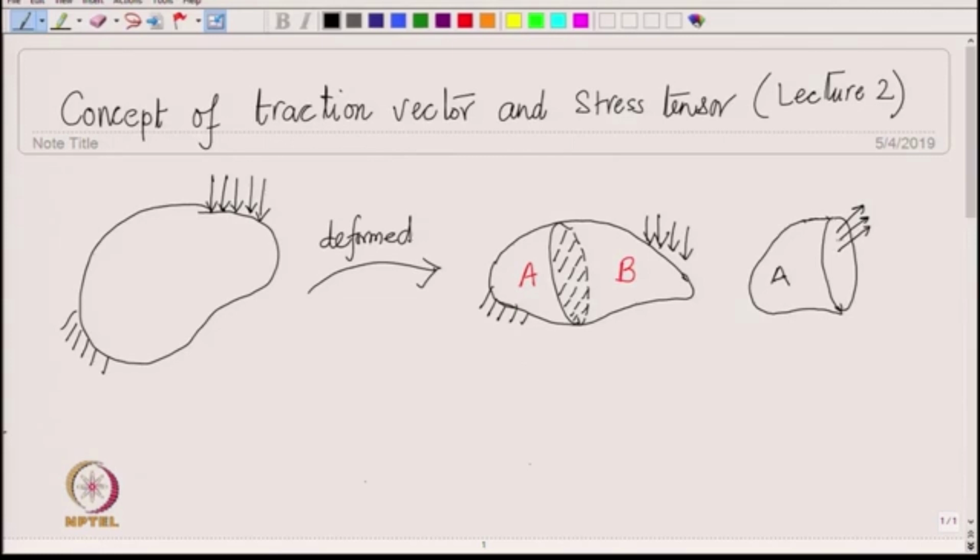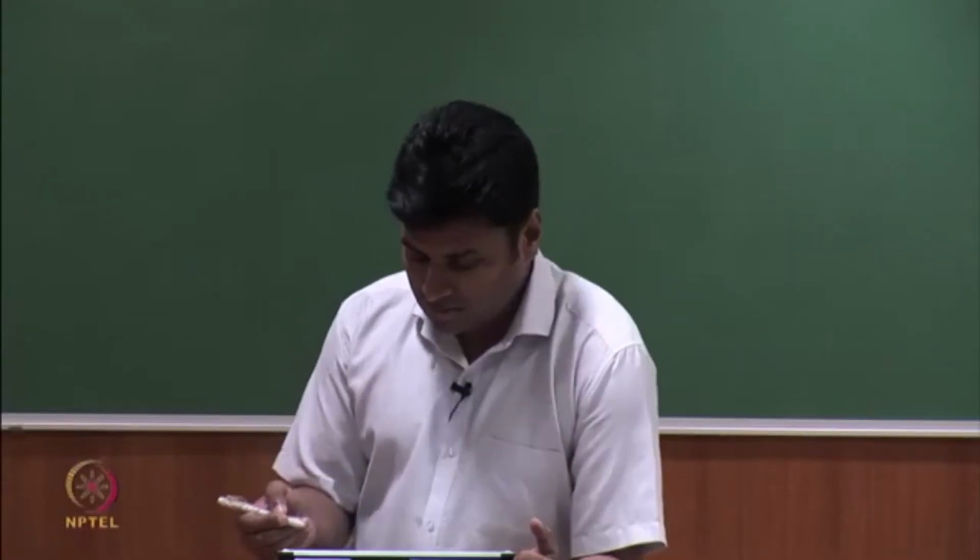When the arrow is going away from the body, that means the body is being pulled, and at some places it could be that the body is being pushed. So, part B, on the top part it is pulling and on the bottom part it is pushing. On this section at different points you will have different nature, pushing or pulling.